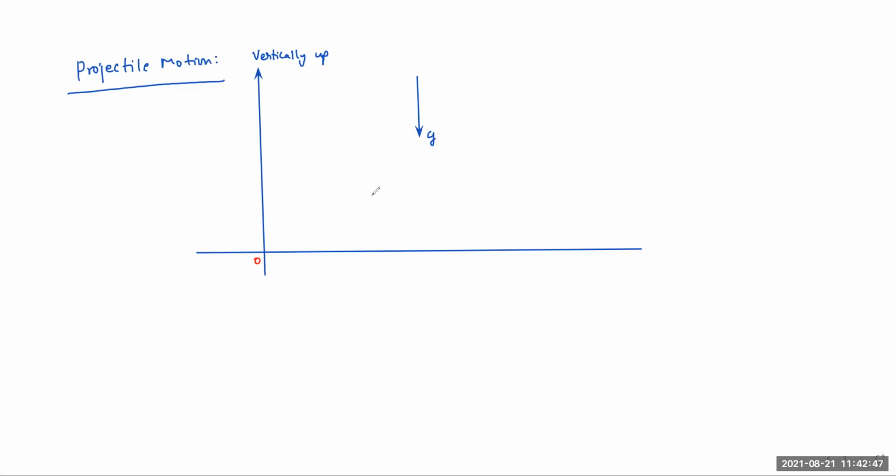So you can throw horizontally, obliquely up, obliquely down, or whatever you want, but not parallel to g. What is not allowed is you cannot throw this way and you cannot throw this way. These two directions are prohibited, because if you throw this way, it becomes motion under gravity. So if you're not throwing this way, then it is definitely a projectile motion.